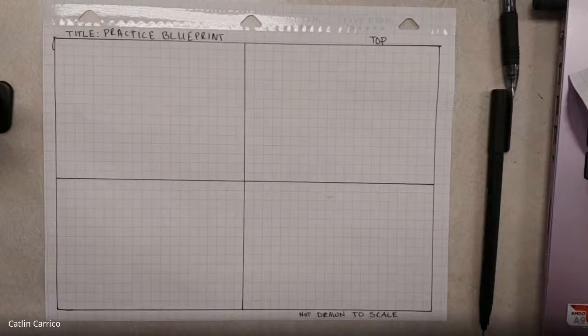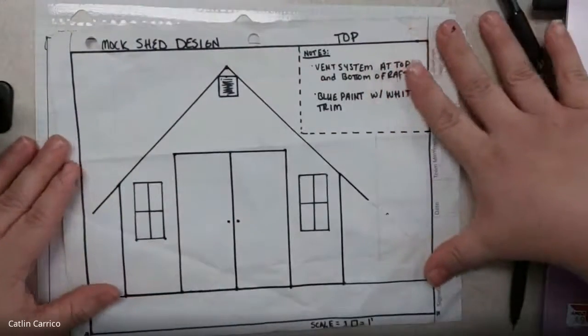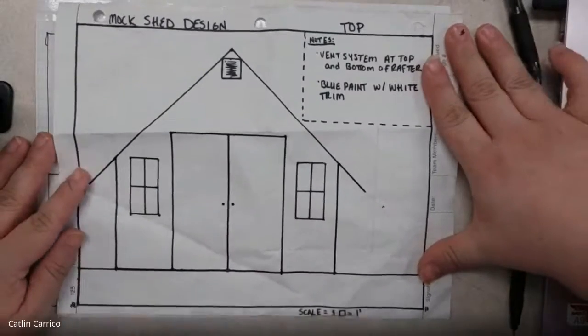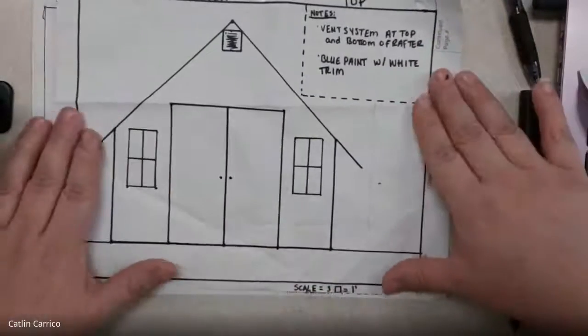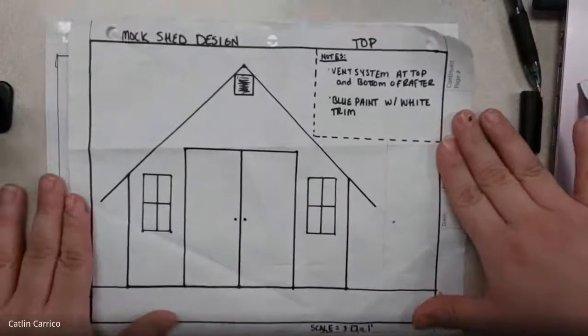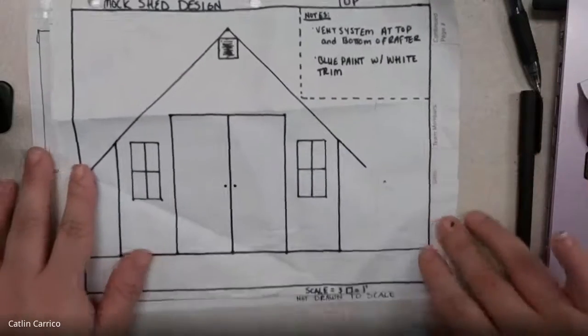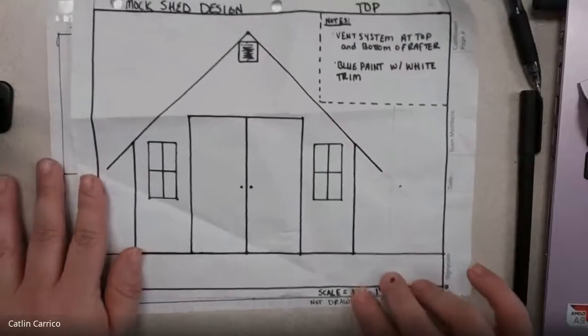While you're doing that, here's an example of one where you're just drawing with one view on the entire sheet of paper. And this is also one that is drawn to scale. So if we look, we have the title at the top, you have the word "top," you have your drawing area, then we have our scale at the bottom.